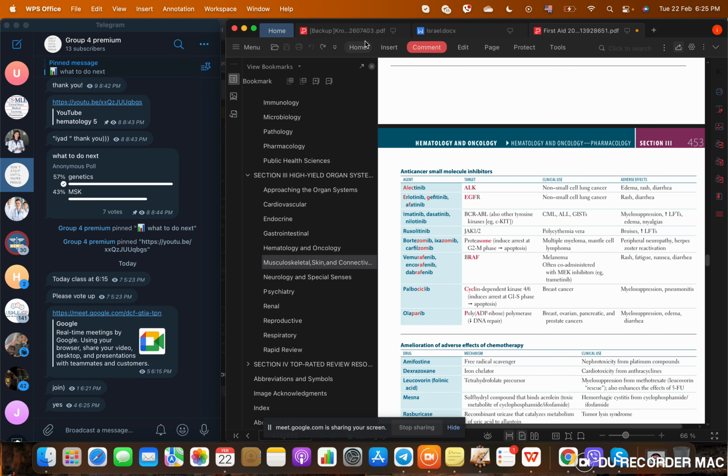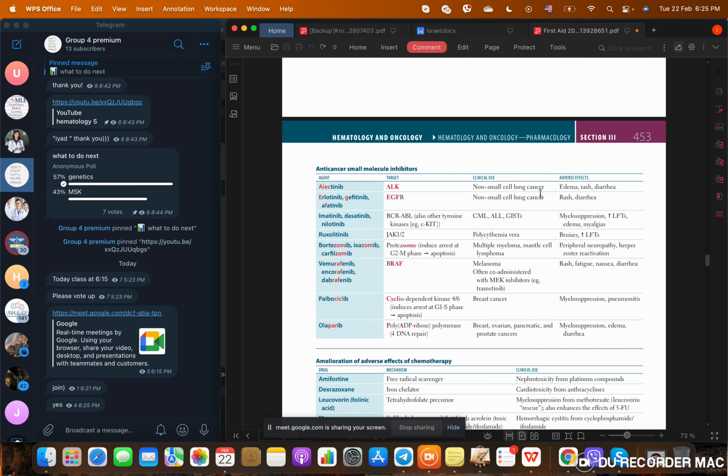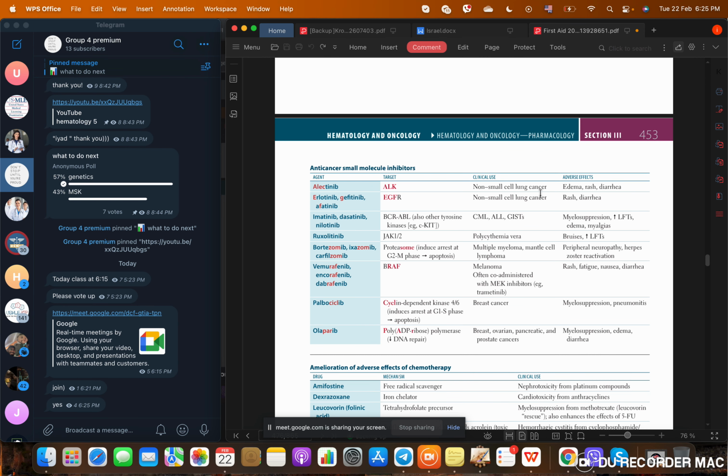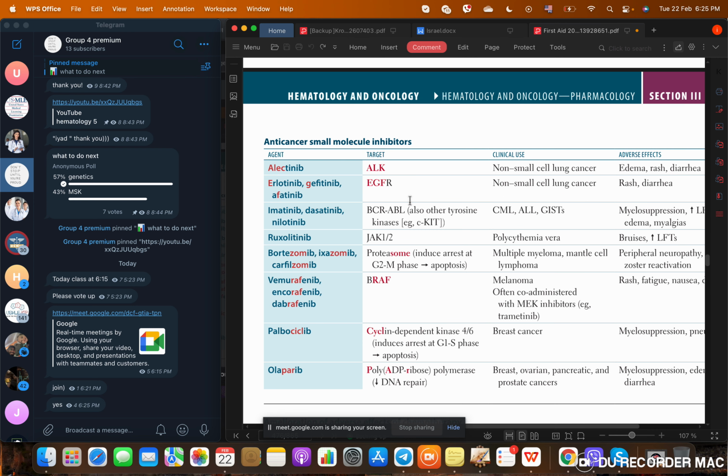Anti-cancer small molecular inhibitors. There is again some medication that works at some specific pathway that is associated with some diseases. When we speak about pulmonology, I'm going to discuss a few cancers in the lung. There is small cell carcinoma of the lung, squamous cell carcinoma of the lung, and adenocarcinoma of the lung, and each of them has a story.